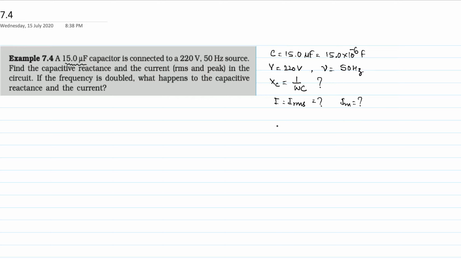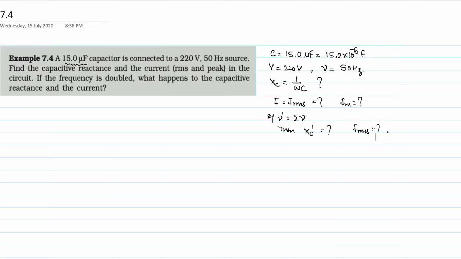If the frequency is doubled, if nu prime is double, what happens to the capacitive reactance? So you have to find Xc prime also, and the root mean square value of current. This is what you have to determine.